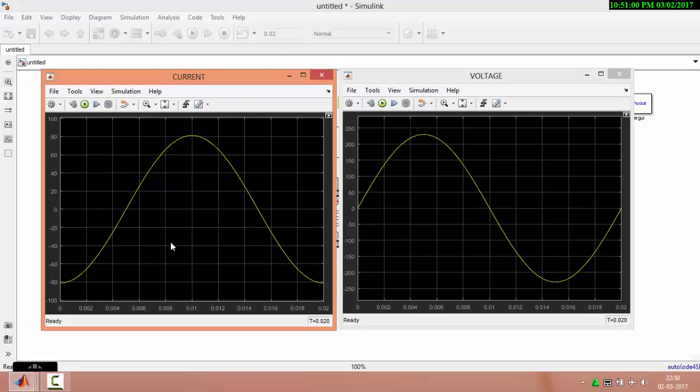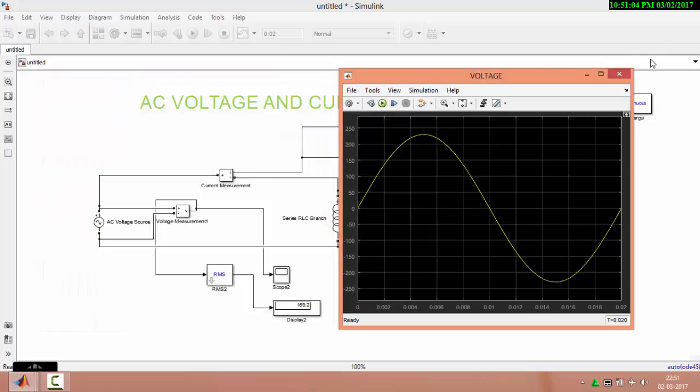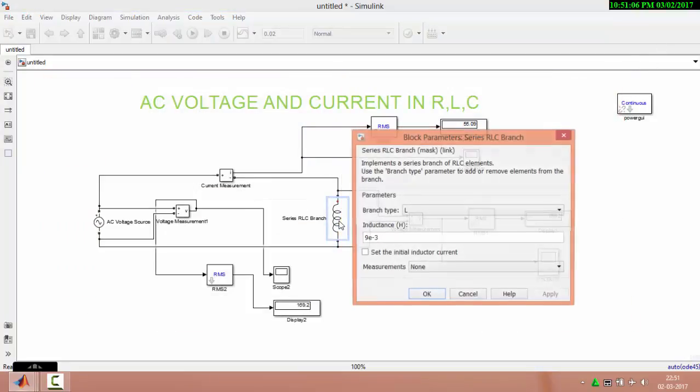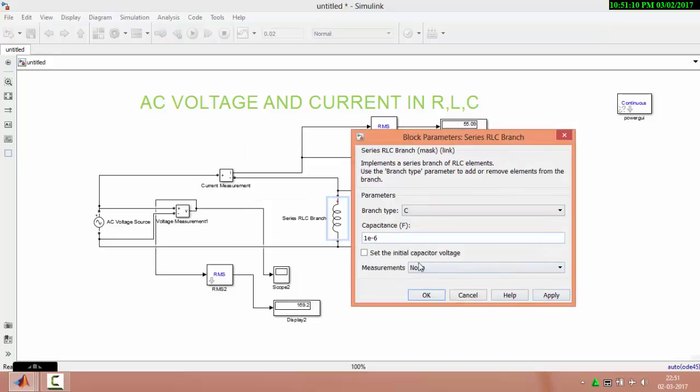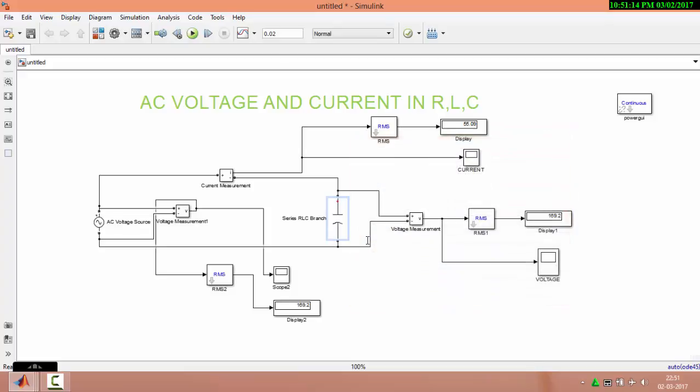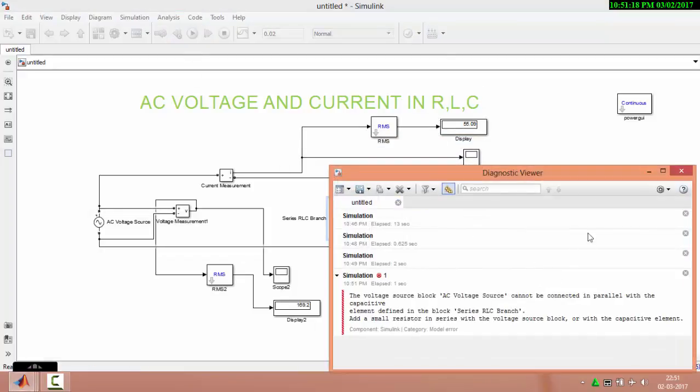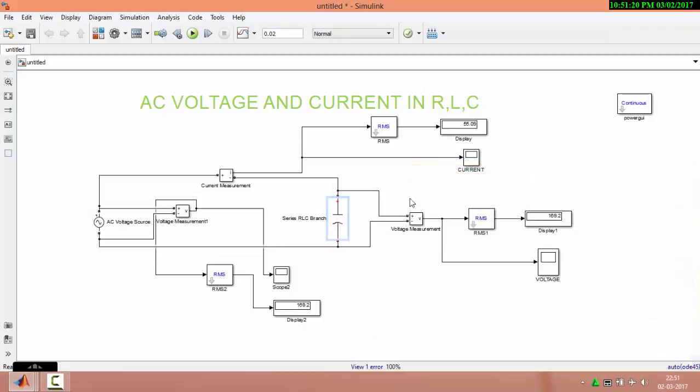Right. The next thing is you have to see the voltage and current relationship for a capacitor. Now let us change to C and assign some value and simulate it. And you can see that it will give you an error.